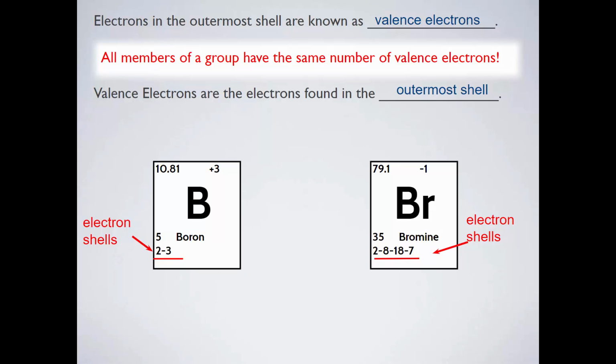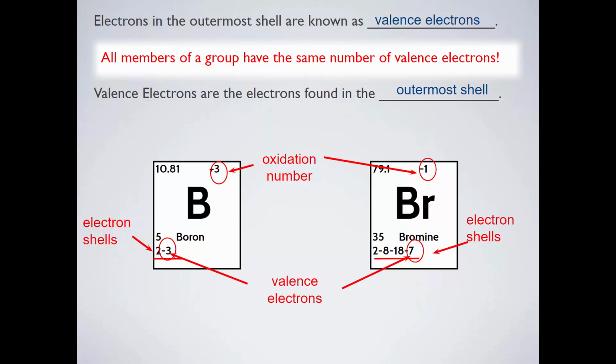Bromine is 2, 8, 18, 7. Only these outer electrons are valence electrons. And when atoms are going to form compounds, it's really only these outer electrons that are actually important. These ones don't really interact with other atoms.